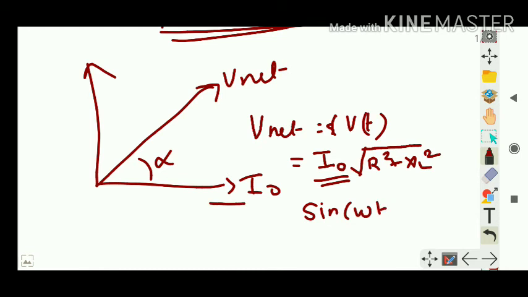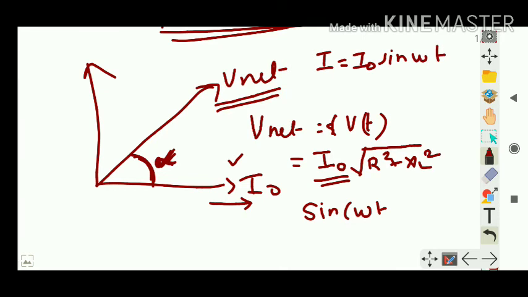See, current direction is this one, whereas the net voltage of this entire circuit is at an alpha phase difference with respect to current. We wrote earlier current is I naught sine omega t. So the voltage or the potential shift should be plus alpha compared to the phase of the current. So this equation has to be made into this form.